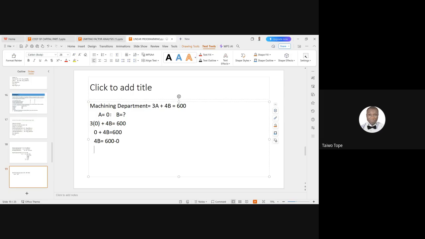So we have 4B equal to 600 minus 0, which is 600. For you to get the value of B, you divide both sides by 4.